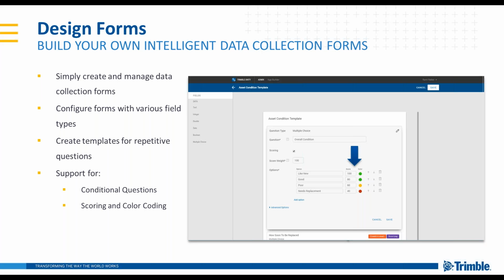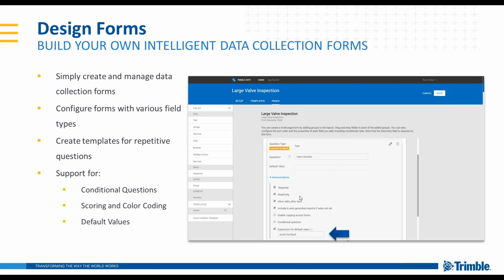So you have the ability to configure a score and a weight for each question, and the total condition score for that asset will be automatically calculated in the field while the data is being collected, and also assign a color code associated with the answers to highlight issues on the condition of the assets.